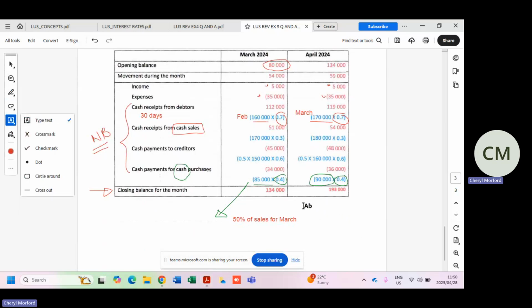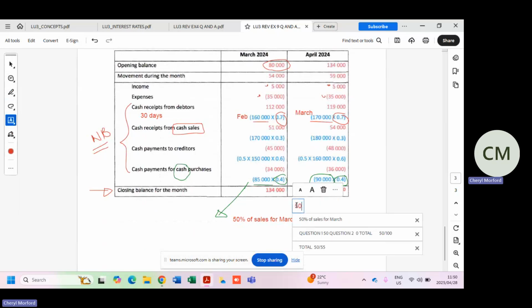As we said already, it will be the 50% of the sales for April. So 50% of sales for April will give me the cost of sales. Cost of sales represents purchases. And then finally, the 40% will be the cash purchases.